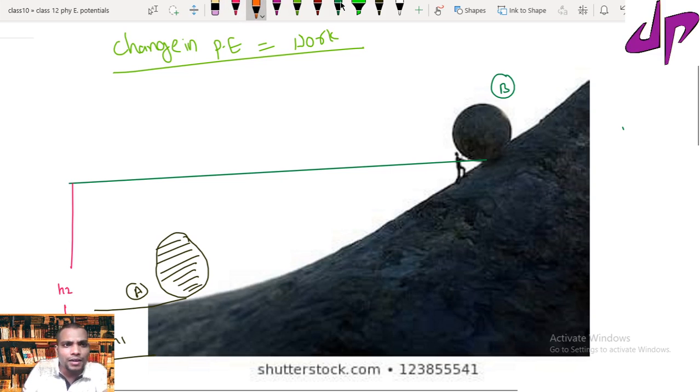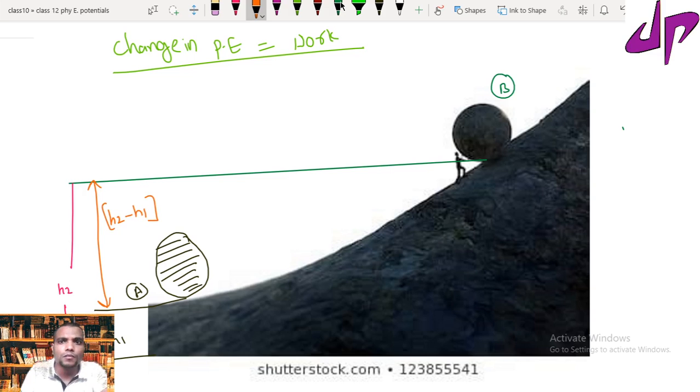The difference in height from A to B is h2 minus h1. To displace this stone from here to there, I applied a force along this direction. And we know that gravity always acts in the downward direction.